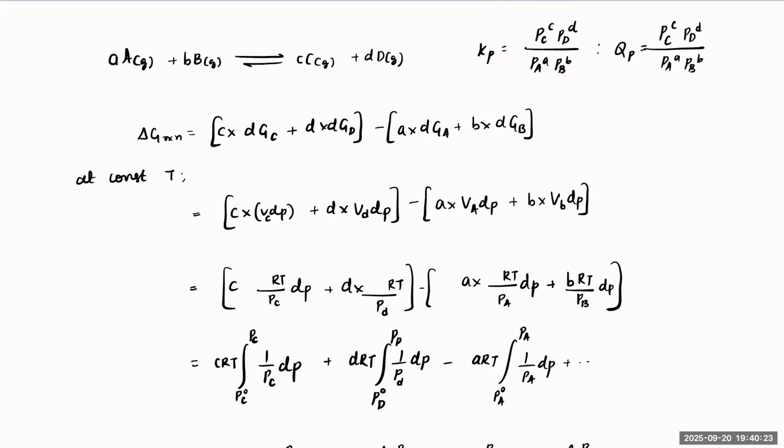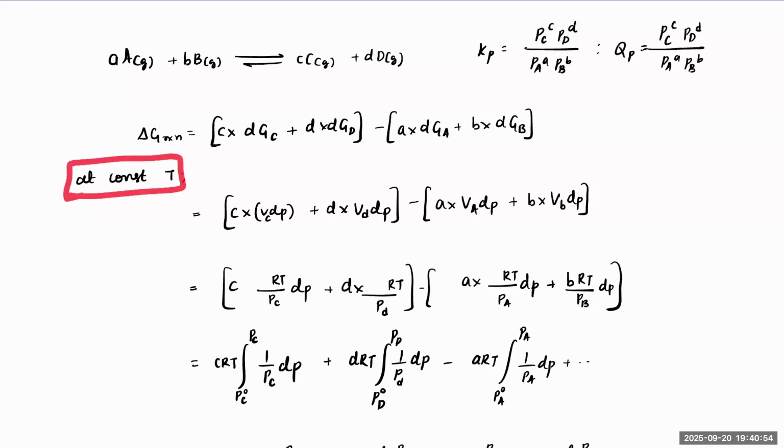So Kp is a constant value defined based on the equilibrium pressures of the products divided by the equilibrium pressures of the reactants. And what about delta G of the reaction? Delta G of the reaction can be written as the products' free energy minus the reactants' free energy. If I write individually delta G at constant temperature, let me write that.